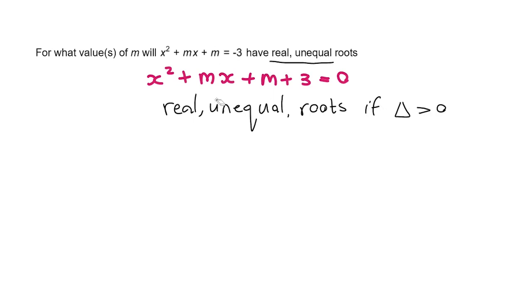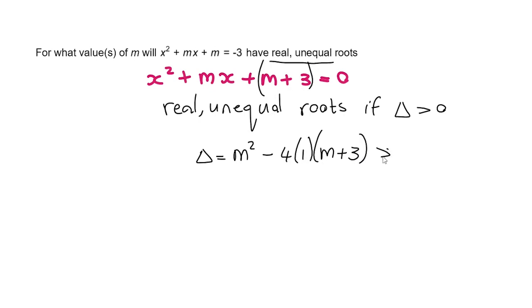So let's have a look at what delta is in this case. Delta is going to be our coefficient of x, which is b, so our m, in other words, m squared minus 4 lots of a, which is 1. This is all c. It's all a constant. It doesn't have any x's in it. And we want this to be bigger than 0.